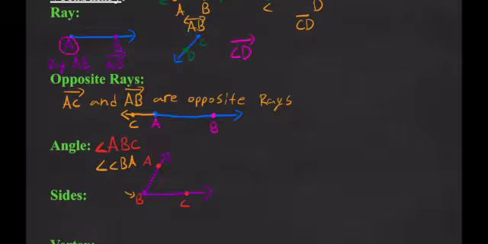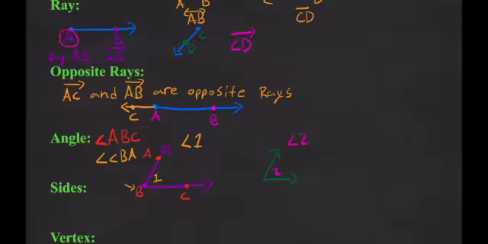We could also name it with a number: this is angle 1. Let's do another angle with two rays joined together, and name this angle 2. We can talk about an angle in terms of a number, or in terms of three letters.